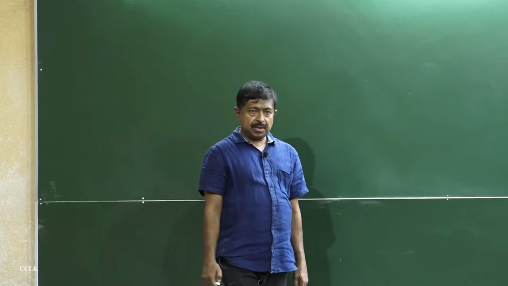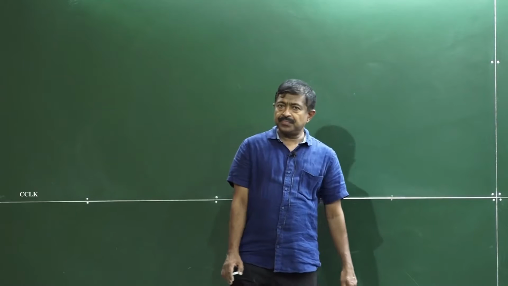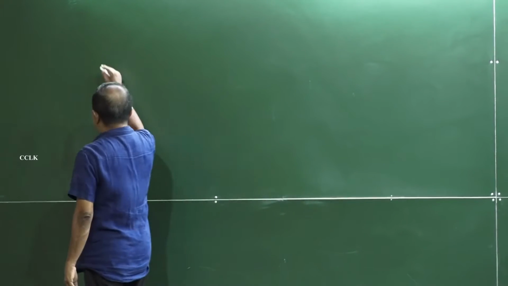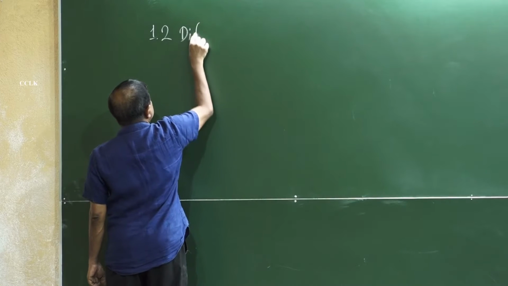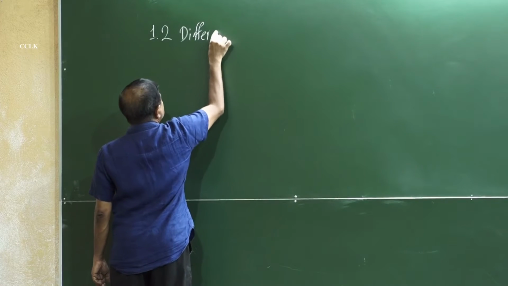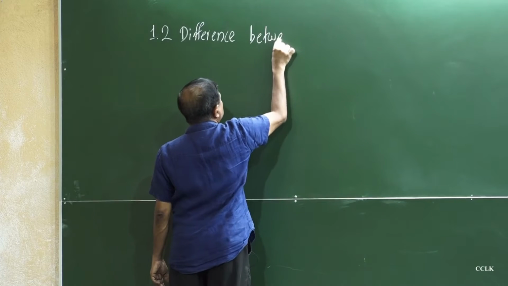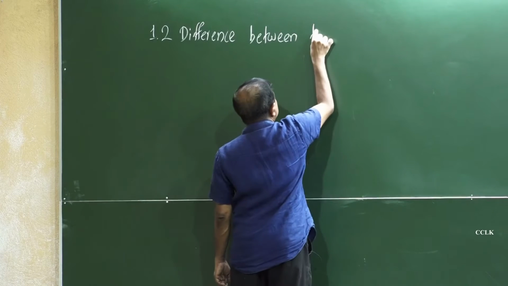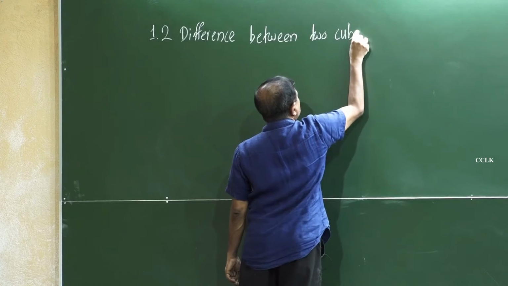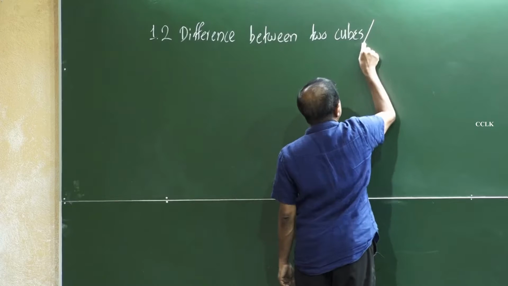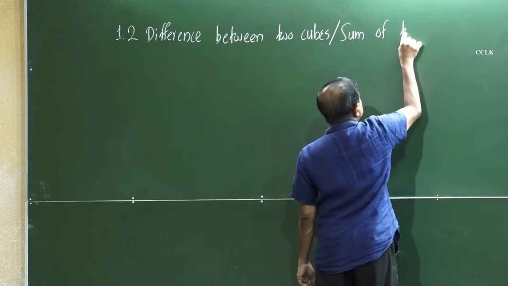Okay. After going through the difference between two squares, we'll turn around and see what this is. The difference between two cubes and sum of two cubes.